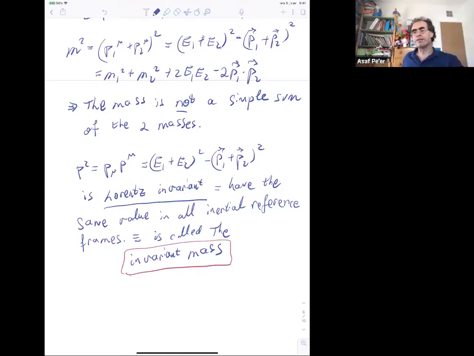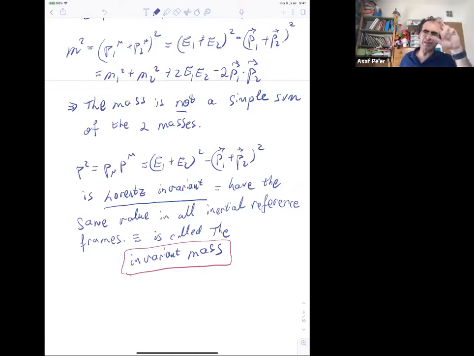Some people are doing these experiments, and they analyze the outcome, and they find a collection of many particles. But in all experiments, when you sum up their invariant masses, they all give roughly the same value. That's a quite good indication that whatever produced this shower of particles is a new particle of that mass.